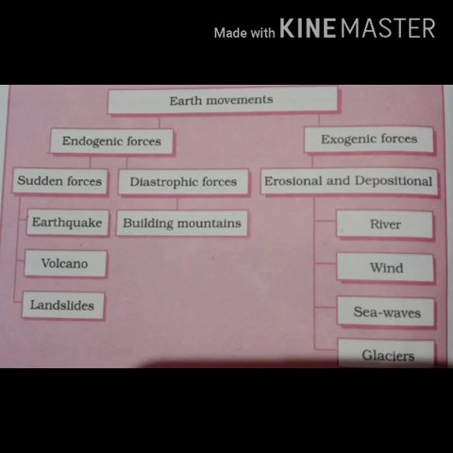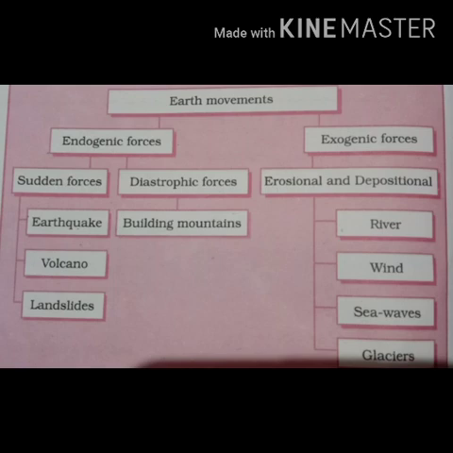What is the meaning of endogenic and exogenic? Endo means inside and exo means outside. Genic means origin. So endogenic means interior of the earth, and exogenic means surface of the earth.